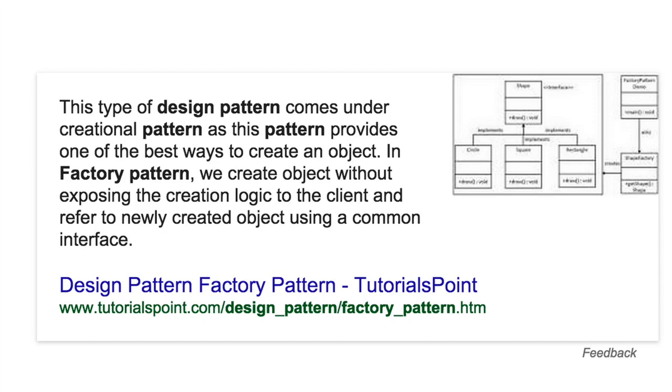The factory design pattern is a type of creational pattern because this specifies a way in which we can create an object. The whole idea of the factory pattern is that there are a whole variety of objects you may need to create. The creation logic should be hidden from the users of the factory.